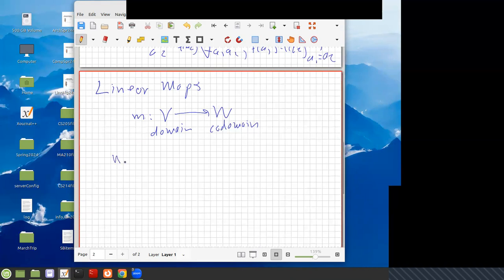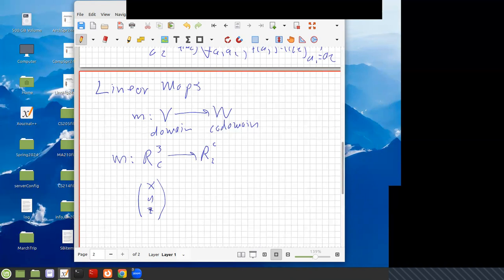Let's say we have M from R3C to R2C given by the following. We take any vector in R3C.